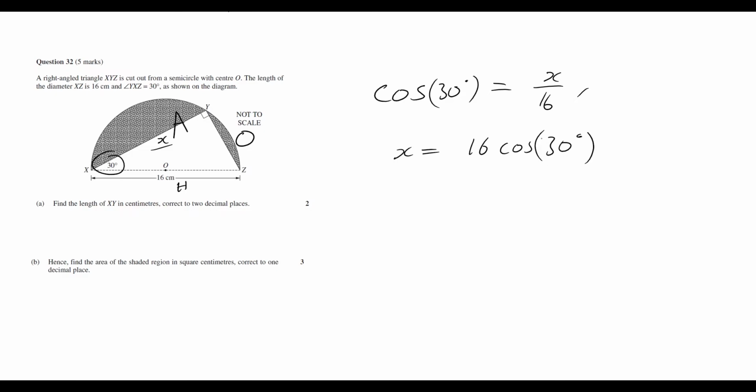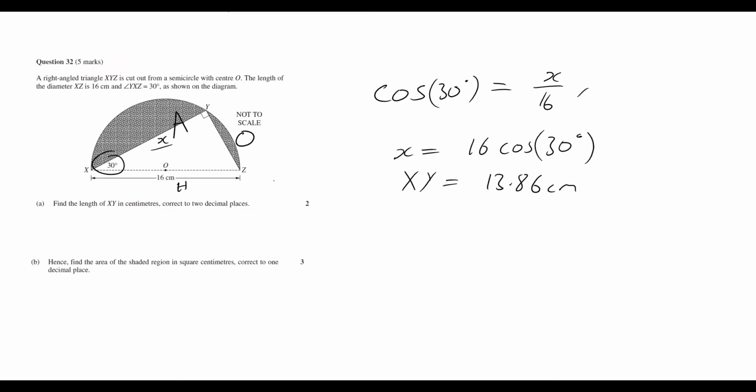And putting that into our calculator, what we find is that x equals 13.86 centimeters. Now you might want to stop here and rewrite that as XY in centimeters, so just quickly change this part to XY. Although ordinarily, if your marker sees that you've done all of the correct working out and that you've labeled your diagram, you should be fine.